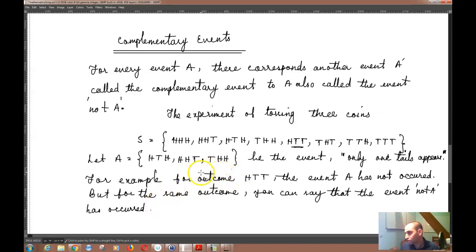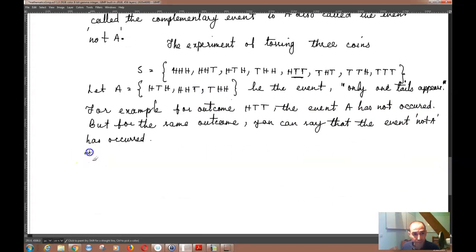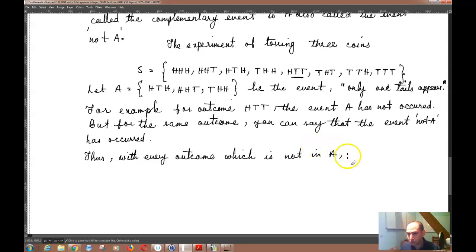Thus, with every outcome which is not in A, we say that not A occurs. We say that not A, which is an event in and of itself, occurs.